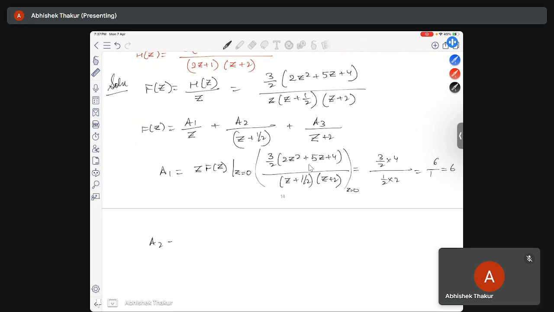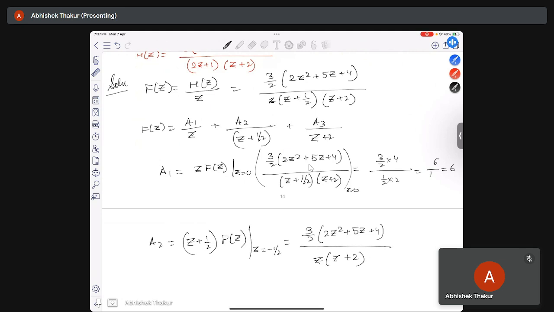Now A2 will be (z + 1/2) into F(z), such that z is equal to minus 1/2. So this is equal to 3/2 (2z² + 5z + 4) divided by z(z + 2). So now substitute z equal to minus 1/2.